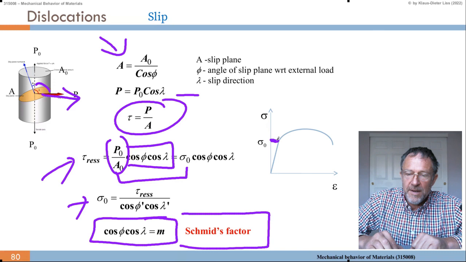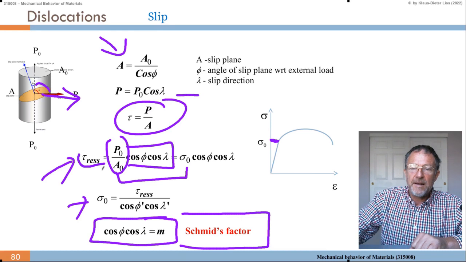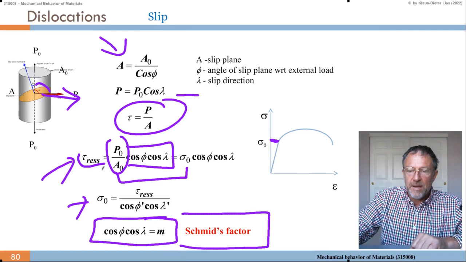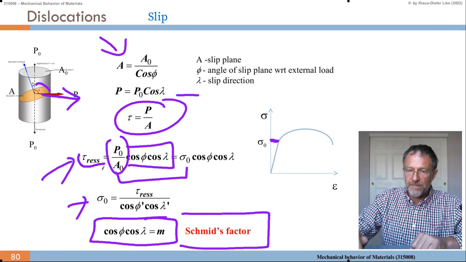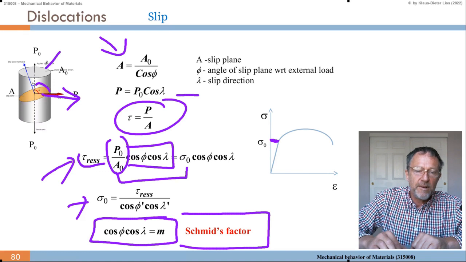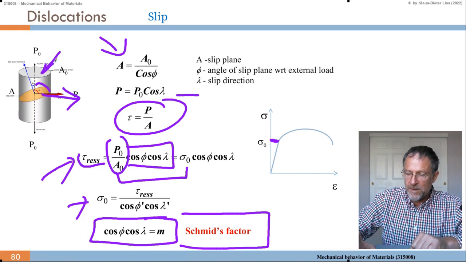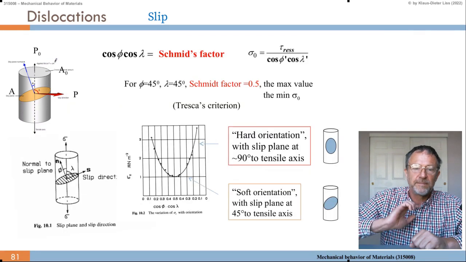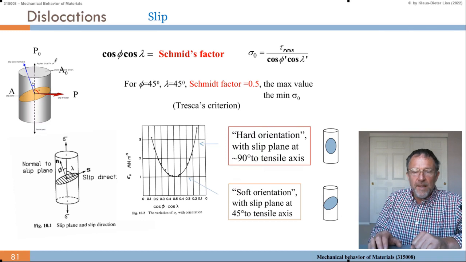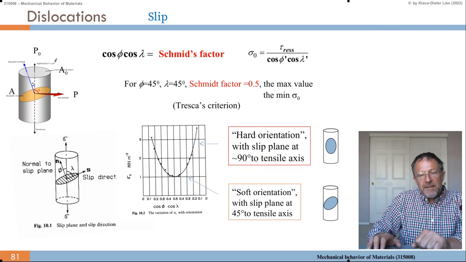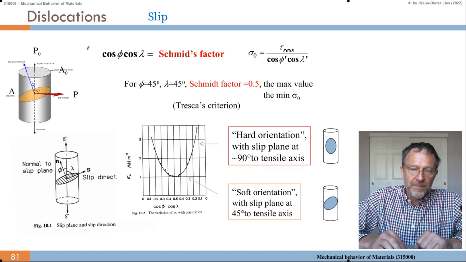So we measure, for example, sigma 0 here, and then we can work out the critical resolved shear stress on the planes in our specific experiments. It depends in the experiment on the orientation of the single crystal, of course. And here it's orientation dependent in the figure.